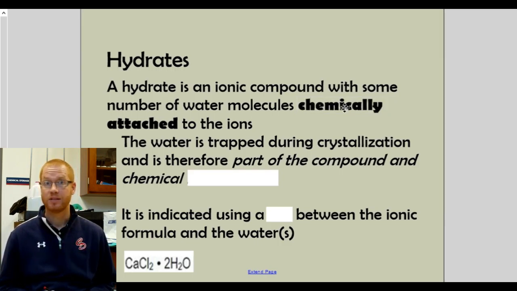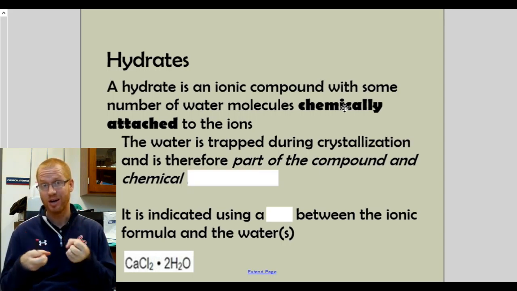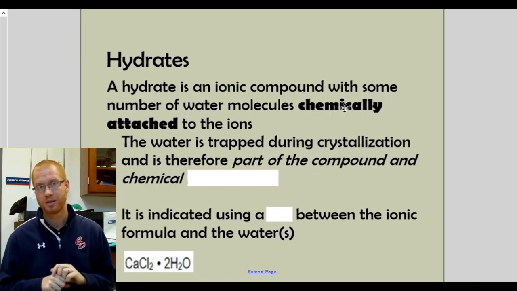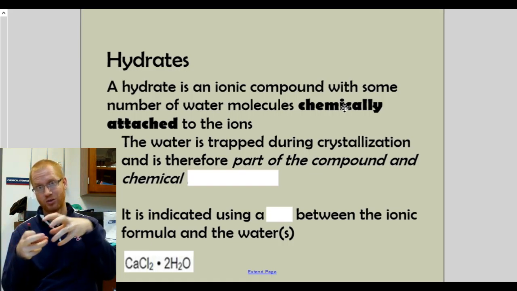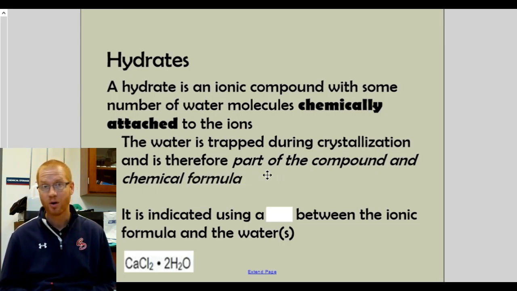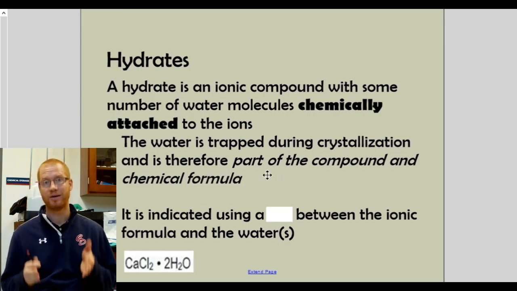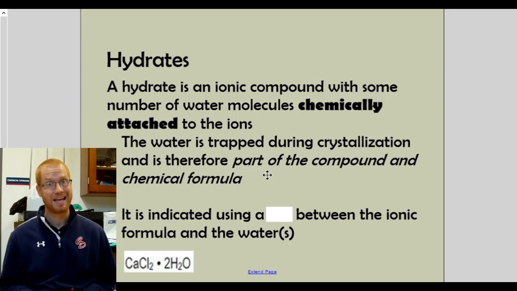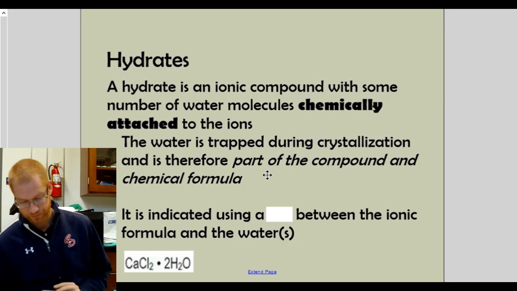Now, this is not just something dissolved in water. This is where water is actually part of the chemical formula. What happens is the water gets trapped during the crystallization process, and it is attracted to the ions and attached to those ions. So it's part of the compound and part of the chemical formula, which means you need to indicate it when you're writing a chemical formula.